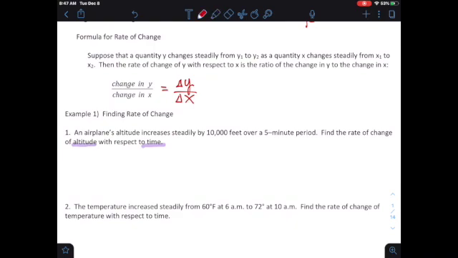So rate of change is just 10,000 feet over a 5-minute period. That's the rate of change. Now don't forget to reduce it. And that should give you 2,000 feet per 1 minute.